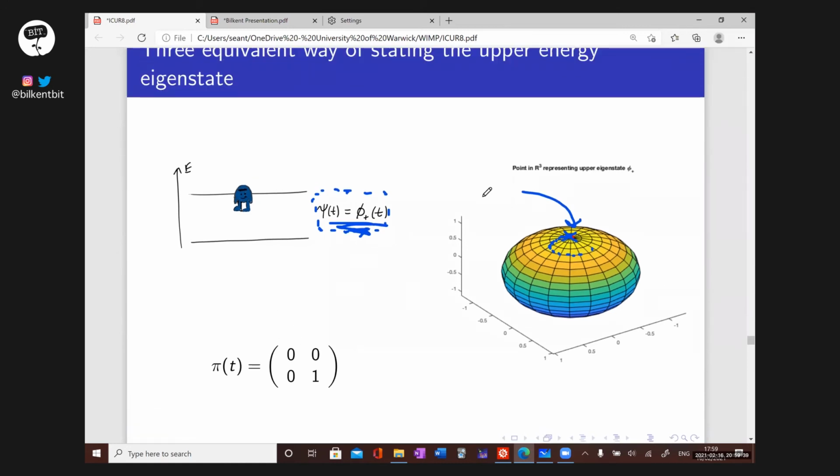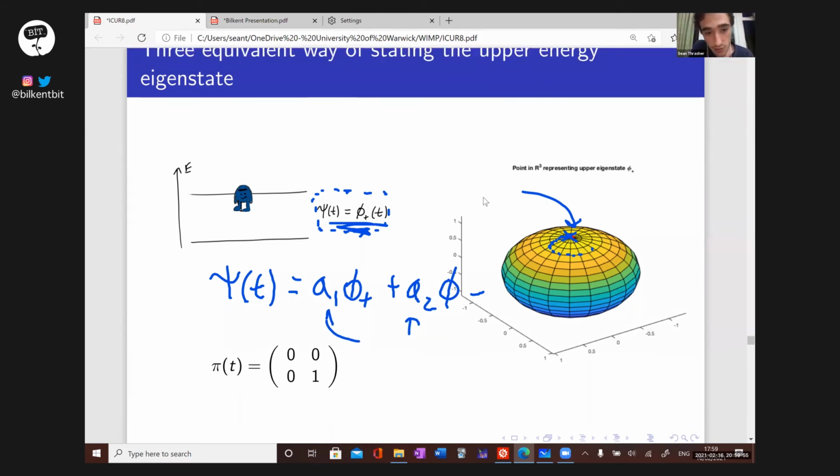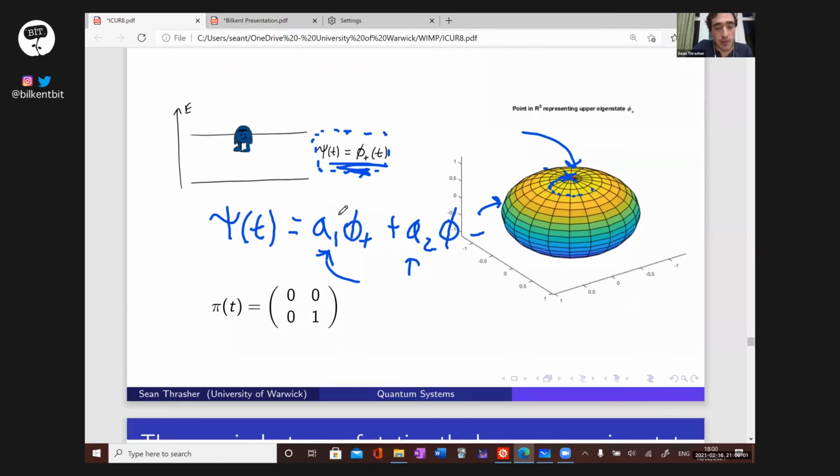So the points on the sphere are basically dependent on the constants you mentioned before, right? Yes. So psi of t is a1 phi plus a2 phi minus. These are numbers, complex numbers, but never mind that, and you can figure out what this is from that. Off the top of my head, I can't see a very direct link.